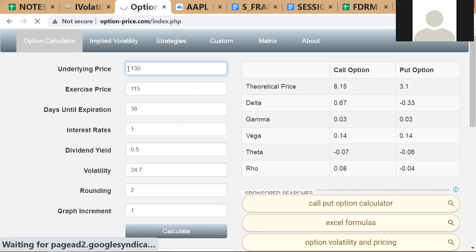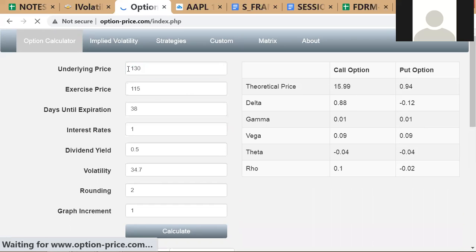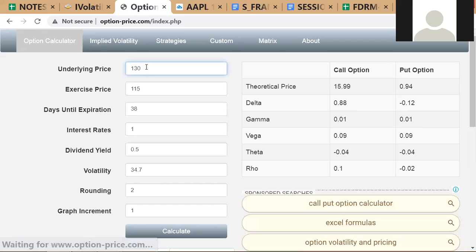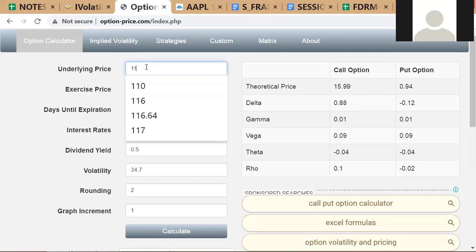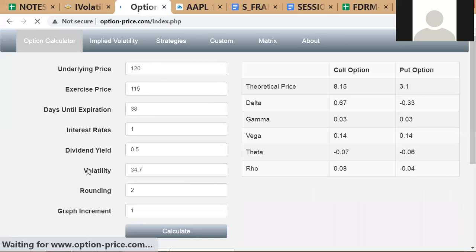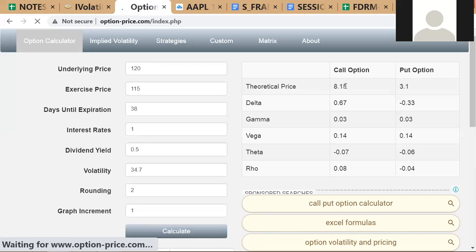Now that's too much of a difference, and that won't help me to illustrate this point. Let me just look at 115.5. Okay, let's look at 120 first. Let's go back to the original plan. So 8.15 is the theoretical price at this.